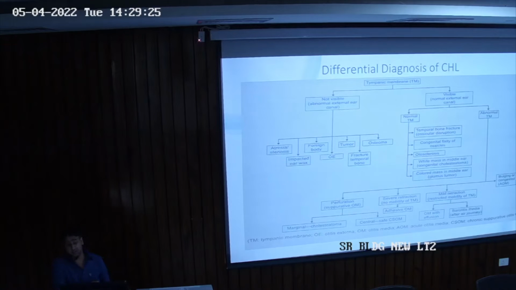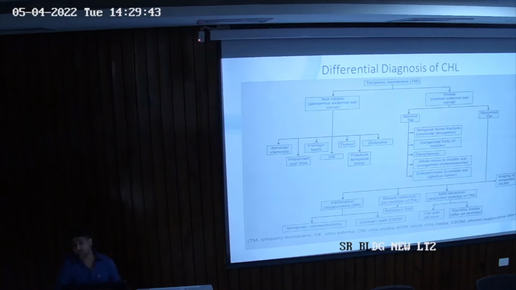Abnormal tympanic membrane, if we are able to see that the tympanic membrane is not normal, it can be bulging.